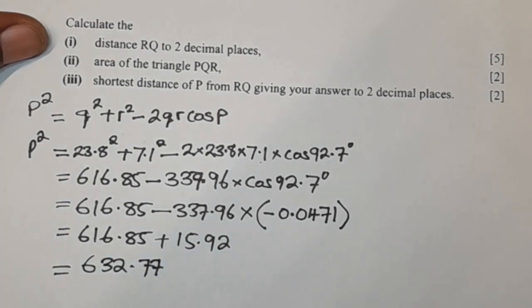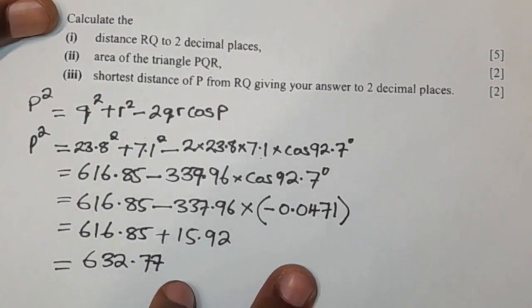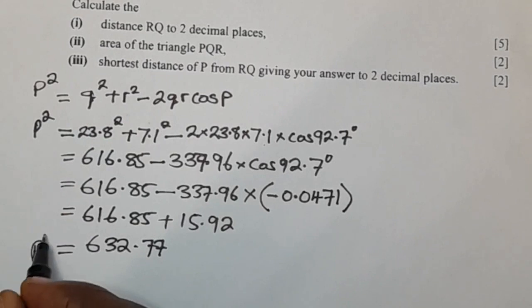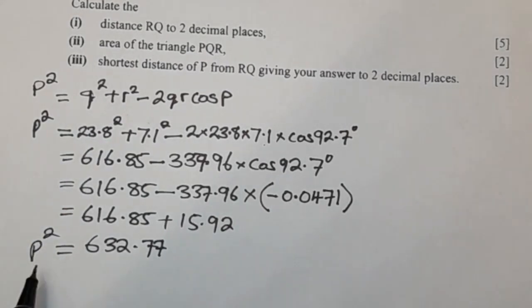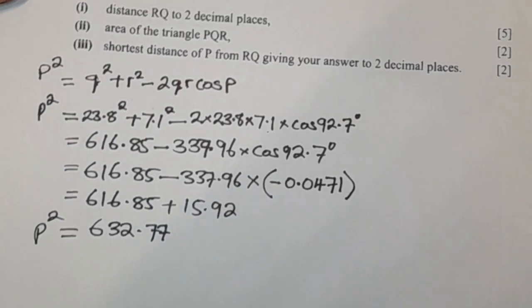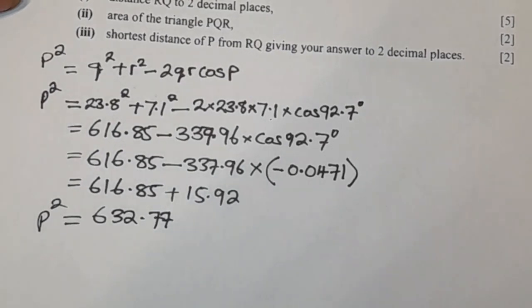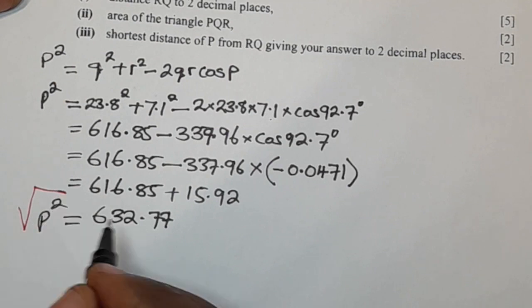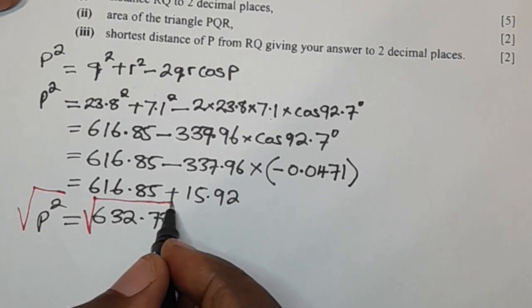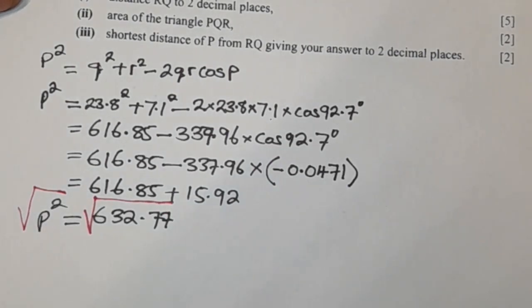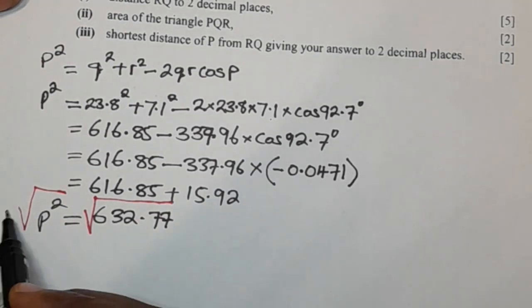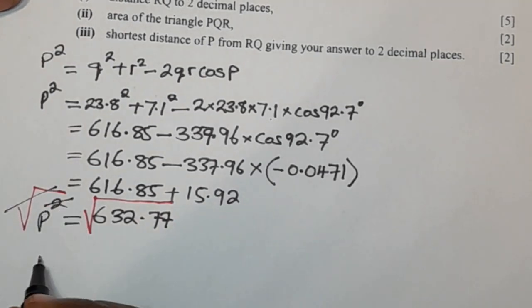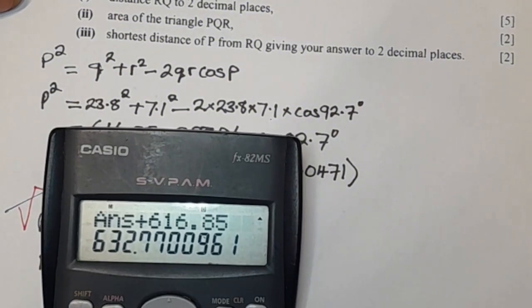Okay, now remember this is p squared, but we want a value of p. So for us to find the value of p, we are going to take the square root on both sides. Then p is equal to plus or minus the square root of 632.